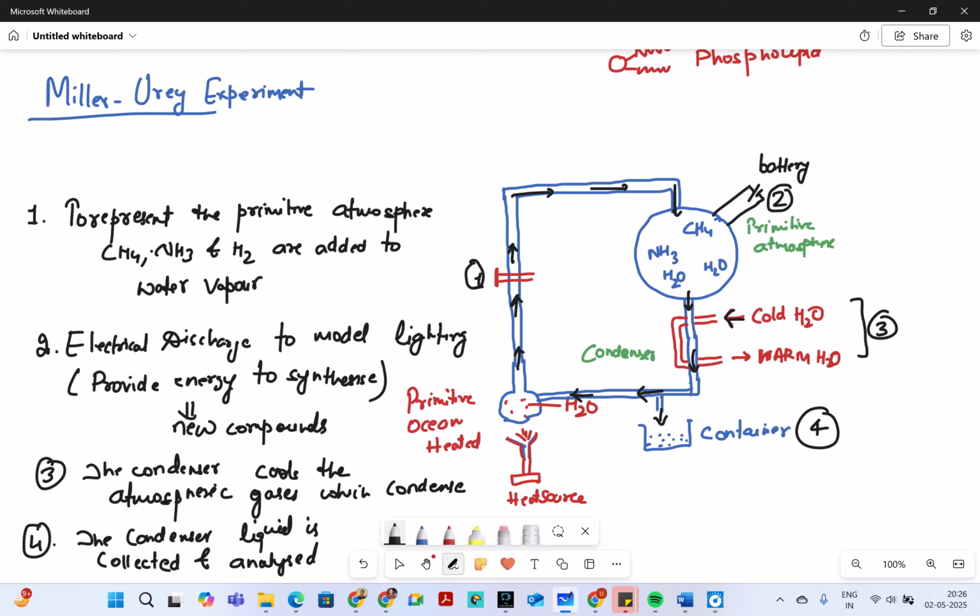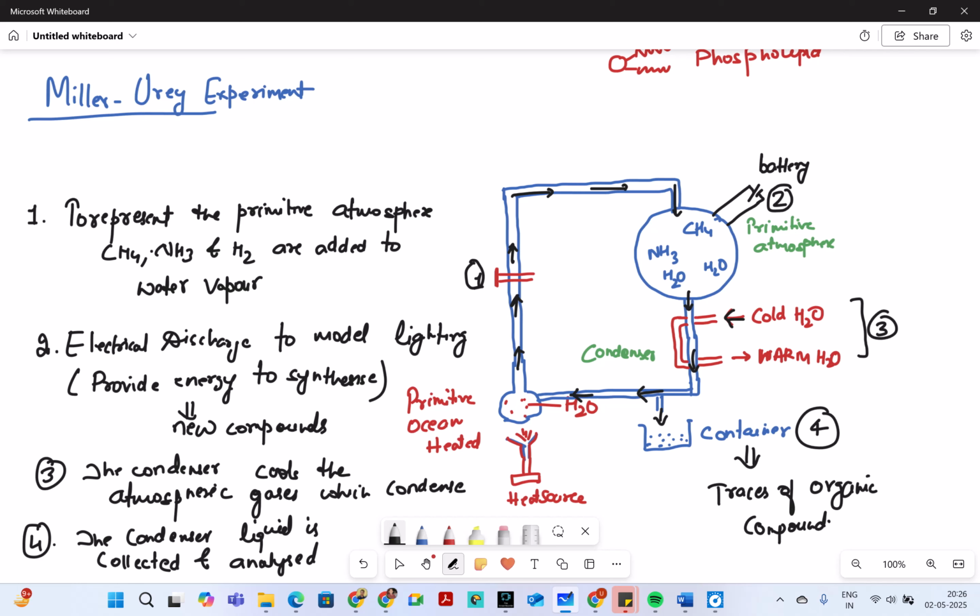Electrical discharge to the gases stimulates the lightning and it makes the compounds. And then later on we have a condenser to cool down all the water and get it collected. Some water is collected for analysis. After a week, Miller and Urey analyzed the container and they found traces of organic compounds. Wow.